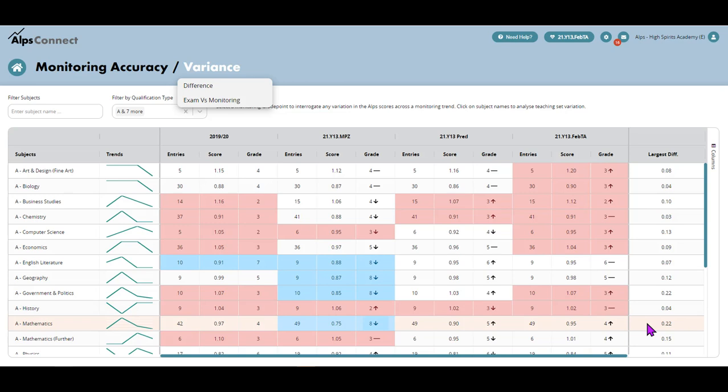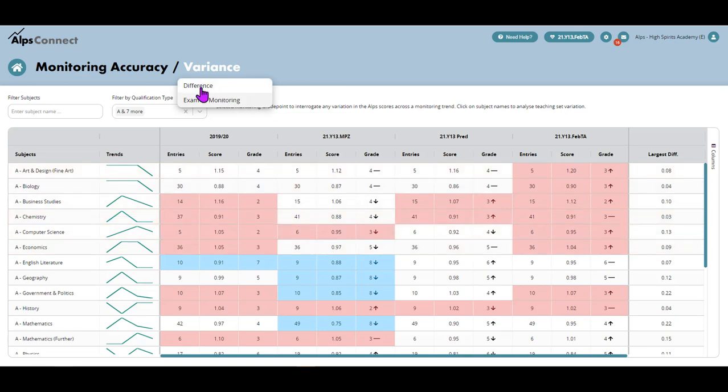So it's calculating what the biggest difference actually is. It's between these 2 grade points, but I can see visually that there is a big difference somewhere, and I can start to unpick that more easily. So this gives you an overview.